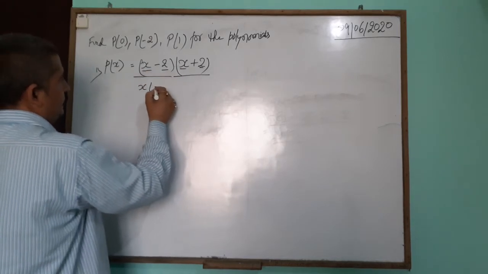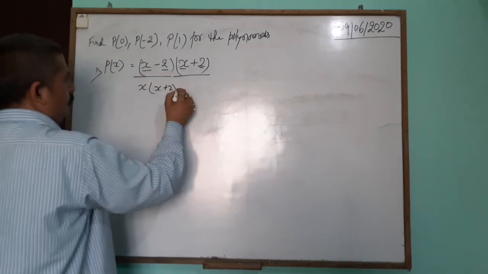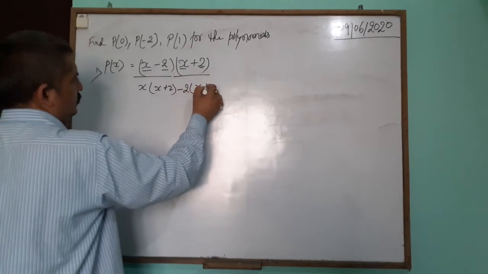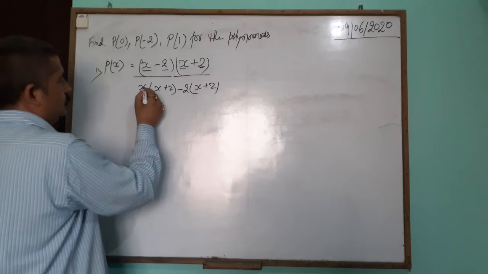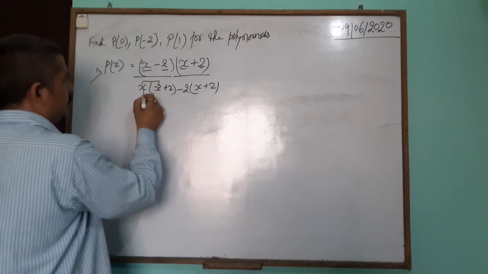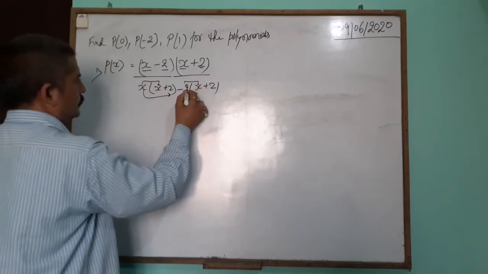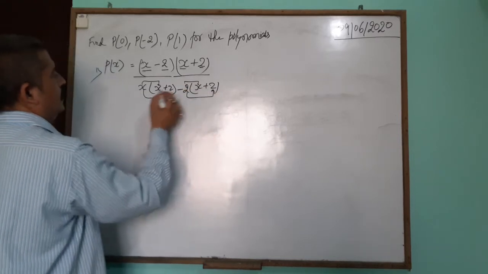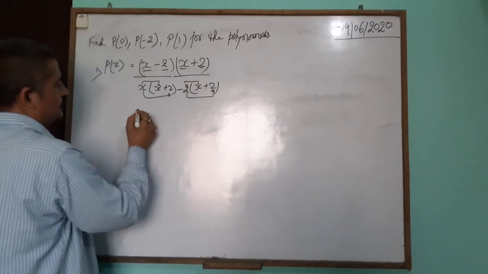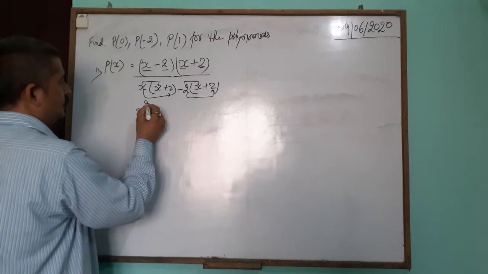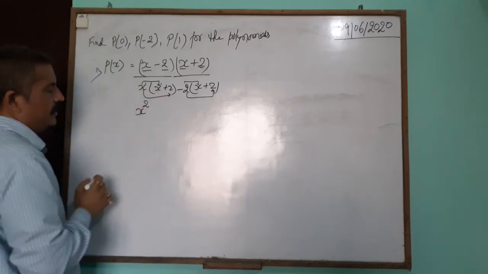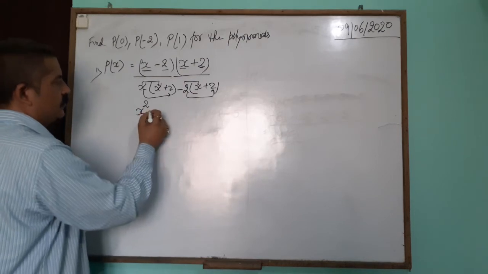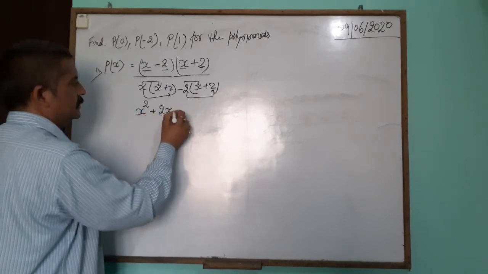x minus 2 into x plus 2. So again we just multiply. x into x is x power 2, because the power of 1 and power of 1 are multiplied, so it is x square plus 2x.